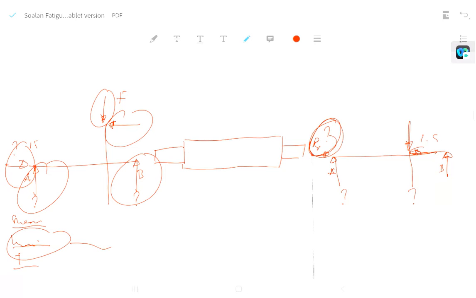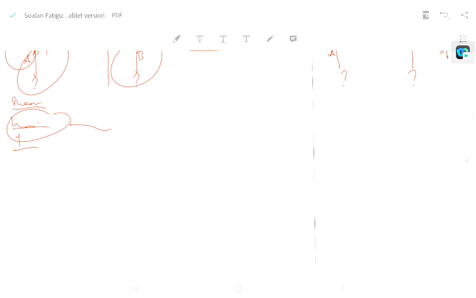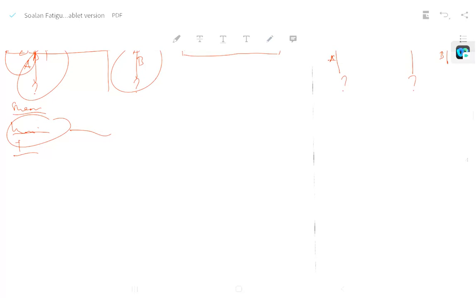Okay, then next, identify the critical point after drawing the diagram.